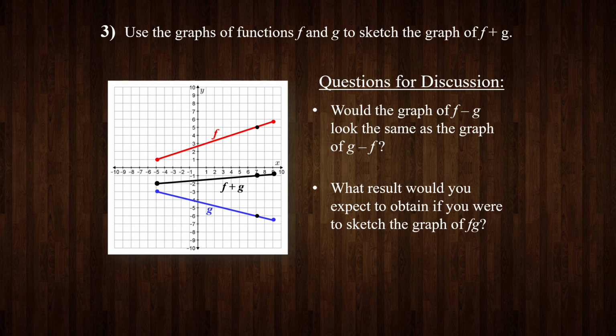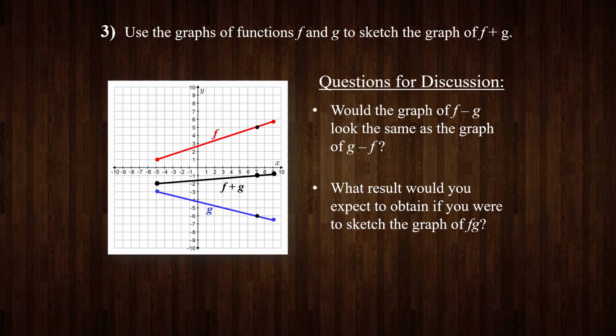And what result would you expect to obtain if you were to sketch the graph of f times g? Well, we just saw something like this too. We have a line segment, but its equation would be of the form mx plus b times another function whose equation is also y equals mx plus b. And when we multiply them, we'd get an x squared term, which means our result is going to be a parabola.